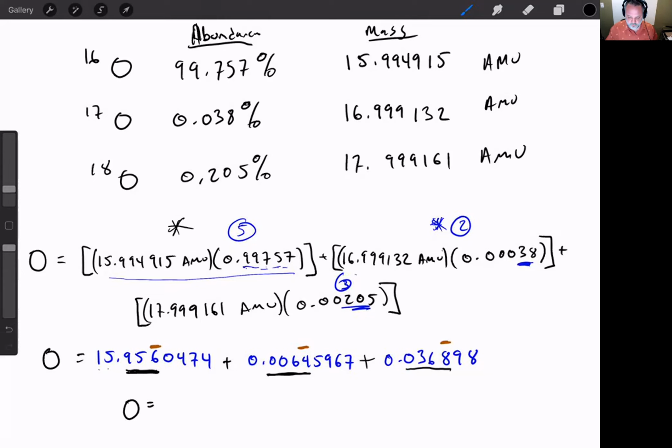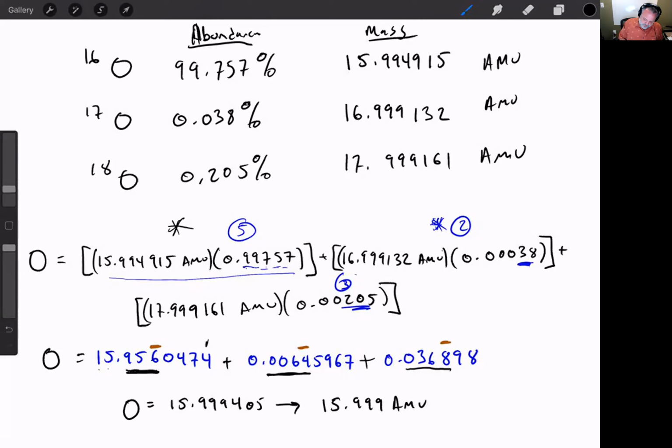I don't want to round yet, so I'm just going to add them all up. 0.036898, going backwards, plus 0.0645967, plus the final one, 15.9560474. I get 15.9990405, and when I round to 3 decimal places, I get 15.999 AMU.